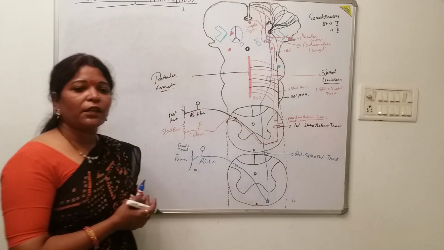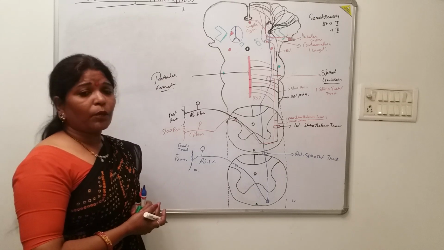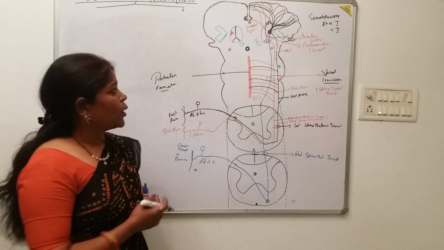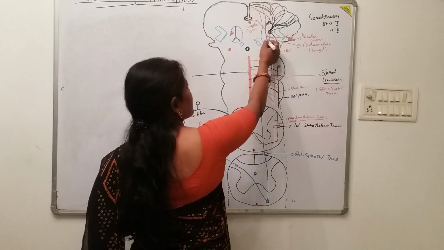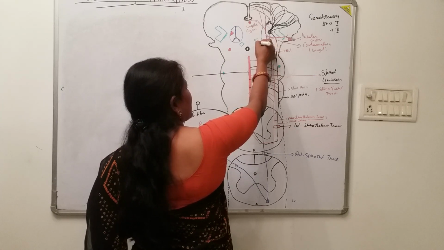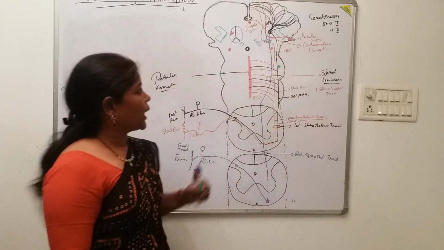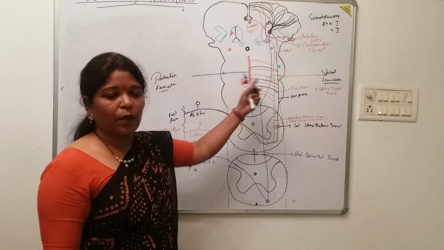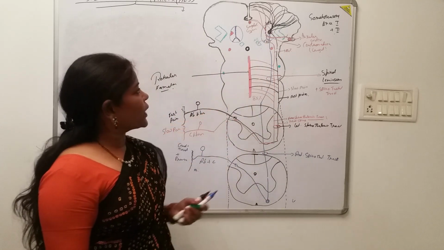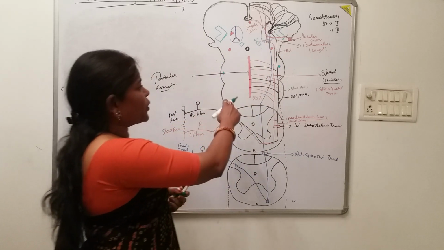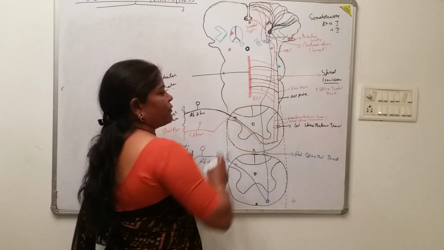Whenever they are in pain, the heart rate and blood pressure increase. Why? Because some fibers also go here and terminate in the hypothalamus. Those fibers are known as the spinohypothalamic tracts. So this was the beauty of the slow pain fibers.